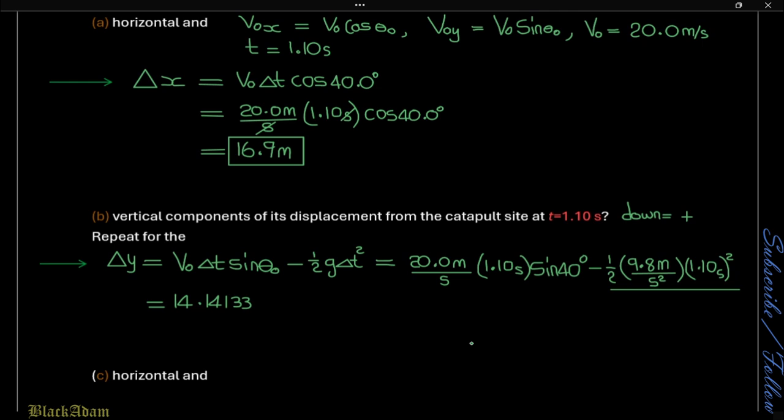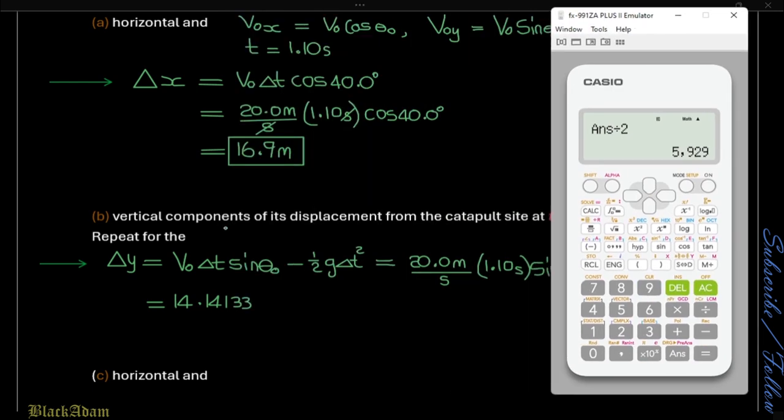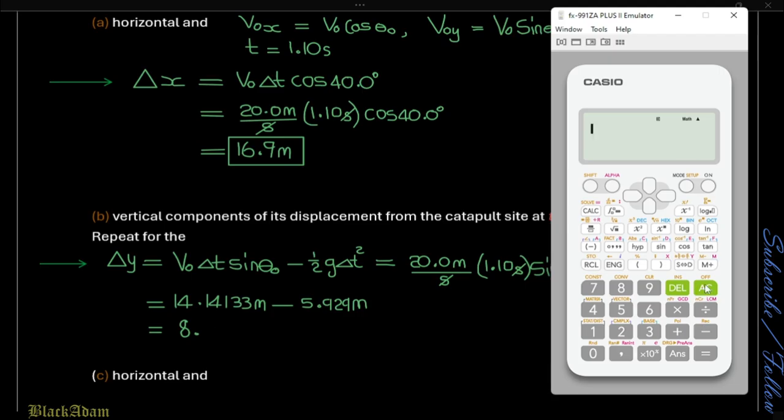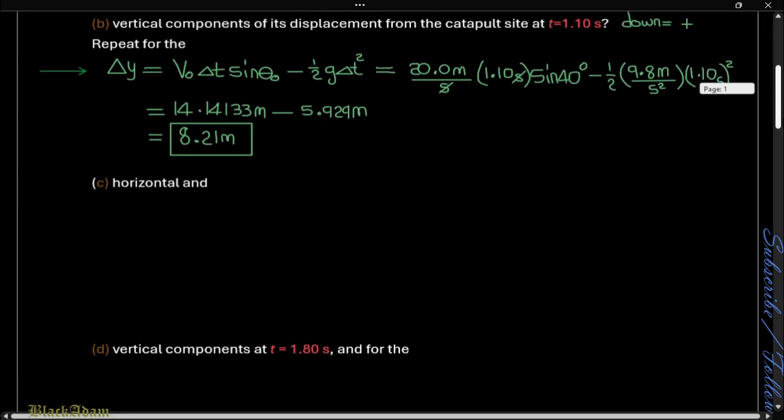The second term is half of 9.8 multiplied by 1.10 squared, which gives us 5.929 meters. So 14.14 minus 5.9 gives us 8.21 meters.